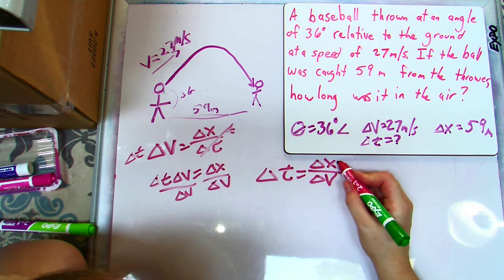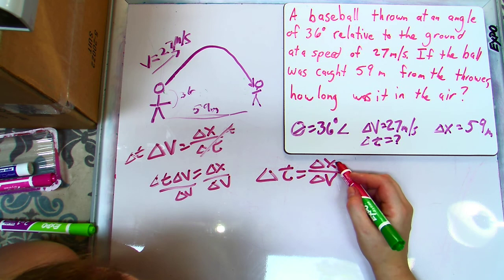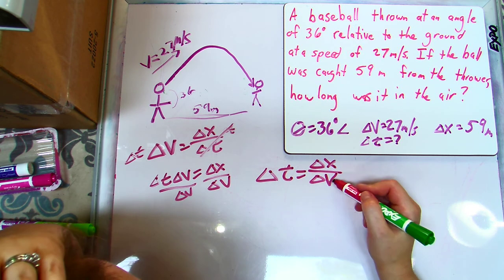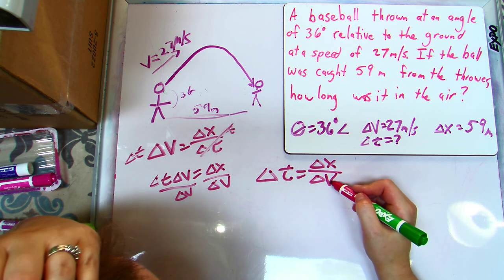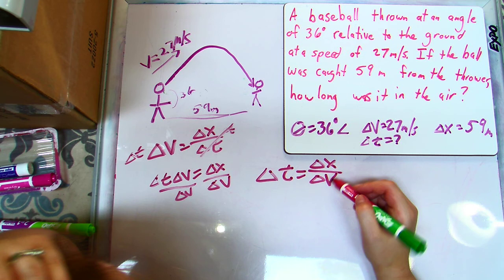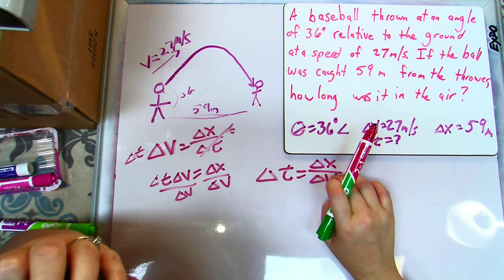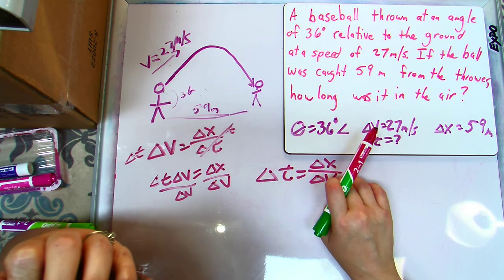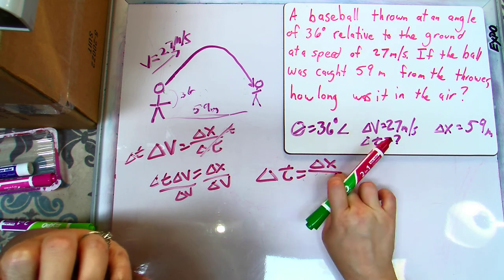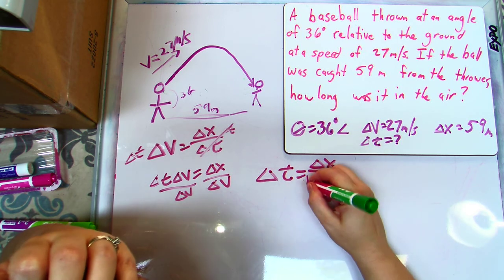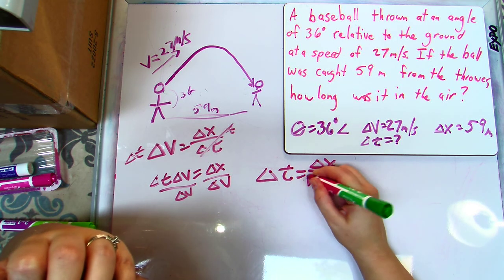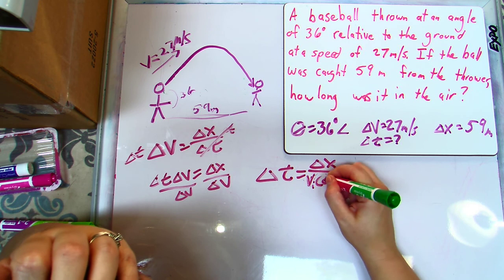this is looking at horizontal displacement, but this velocity is at an angle. Ta-da! So what we need is the horizontal component, the x component of the velocity. What that would be is the initial velocity cosine of theta.